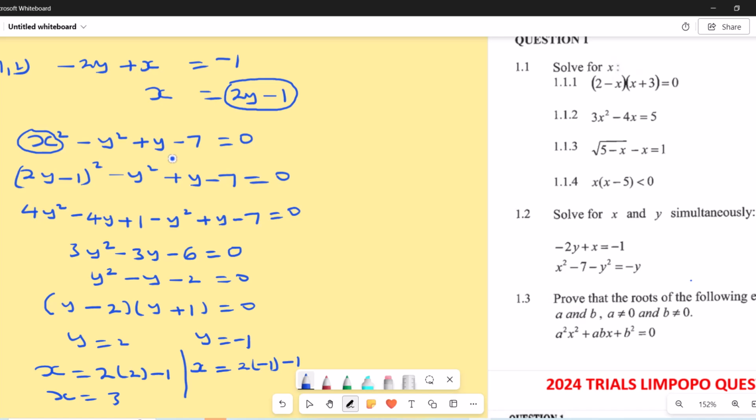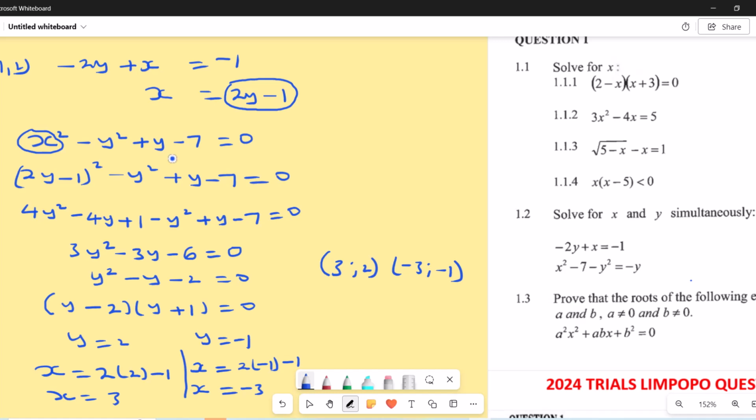Now 2 times negative 1 is negative 2, then minus 1 makes negative 3. So in other words, our answers are x equals 3 with y equals 2, and also x equals negative 3 with y equals negative 1. Hope you guys got it correct.